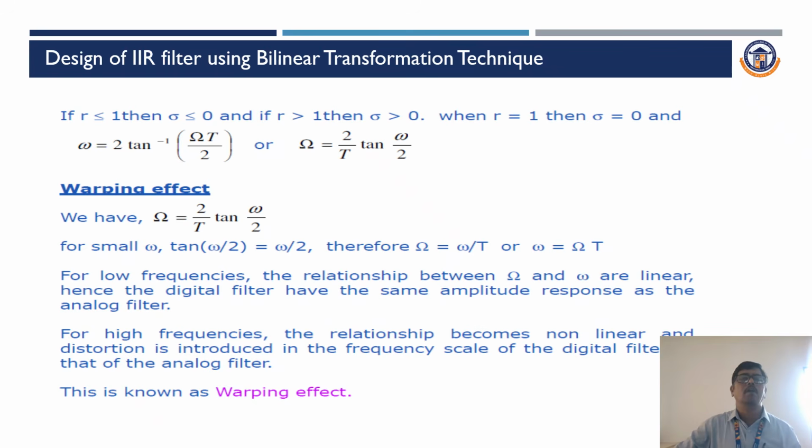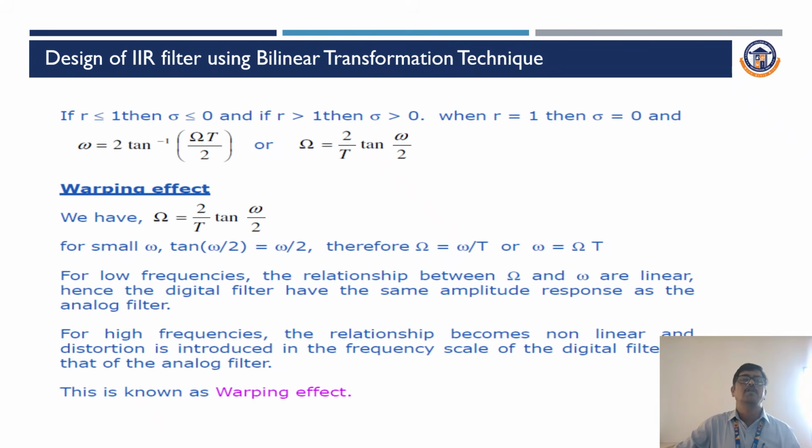We know that analog frequency Omega equals 2/T tan(omega/2). For small omega, tan(omega/2) is approximately omega/2, so Omega is approximately omega by T. For low frequencies, the relationship between analog and digital frequency is linear.